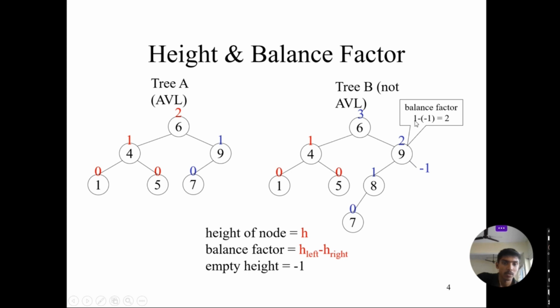The left subtree height is 1, and for the missing subtree we put minus 1 right here. So 1 minus minus 1 is 2. Is it balanced? No, it is not a balanced binary search tree, because a balanced binary search tree has a balance factor of 1, 0 or minus 1.